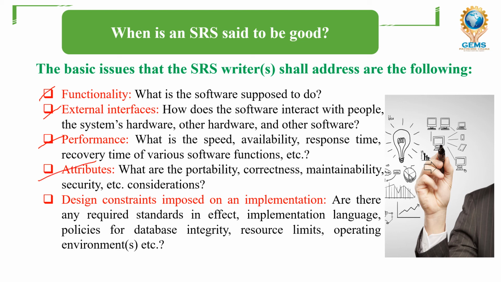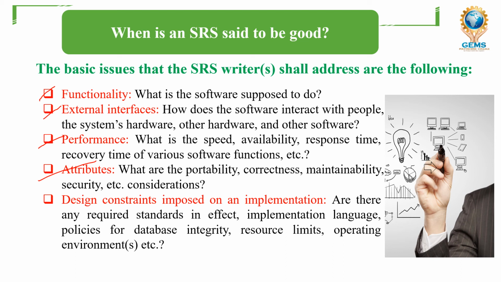Next, we have attributes. What are portability, correctness, maintainability, security? All this comes under the attributes of the project. Whether our project is portable in nature, whether our project is correct, error free or bug free, whether we are able to maintain the project nicely or it shows more difficulty, whether our project is secure against any type of unwanted, unauthorized access.